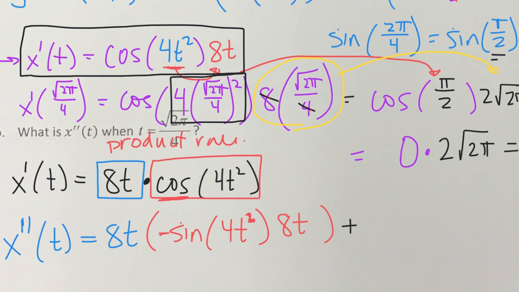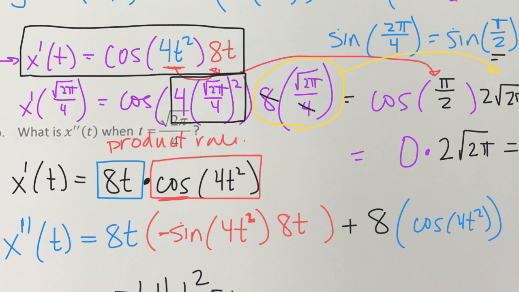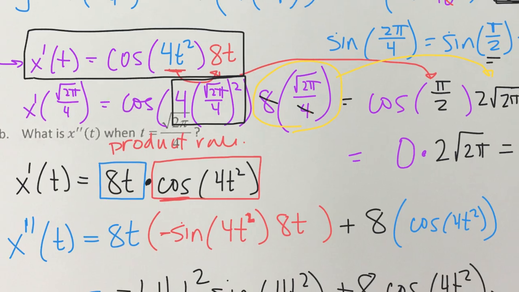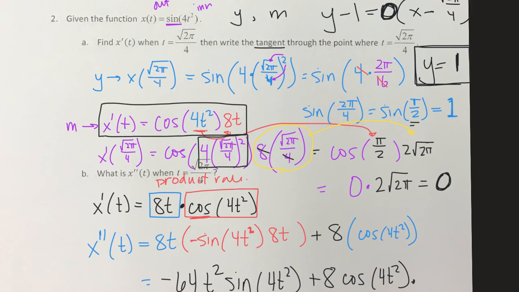Plus, the derivative of 8t is just 8, and we leave the cosine of 4t squared alone. Technically that's all you have to do, because it's an FRQ question, you don't have to simplify that. But in case we did: negative 64t squared times the sine of 4t squared plus 8 cosine of 4t squared. There you go.